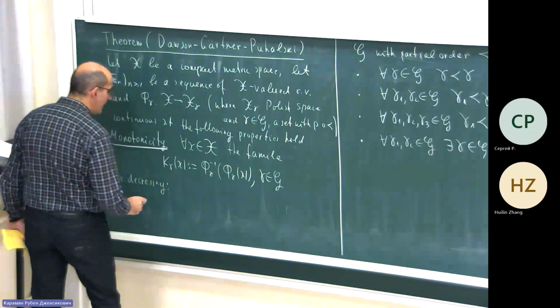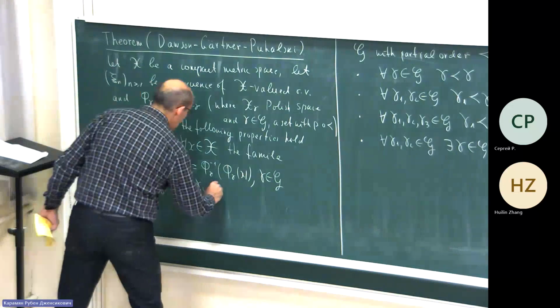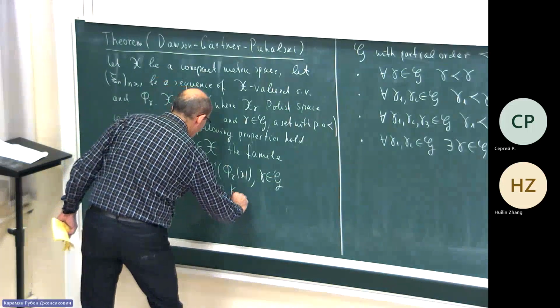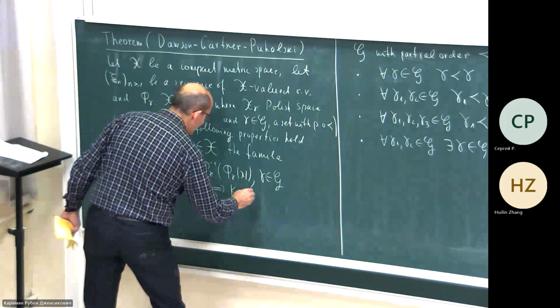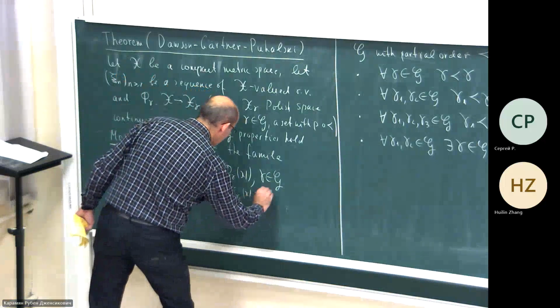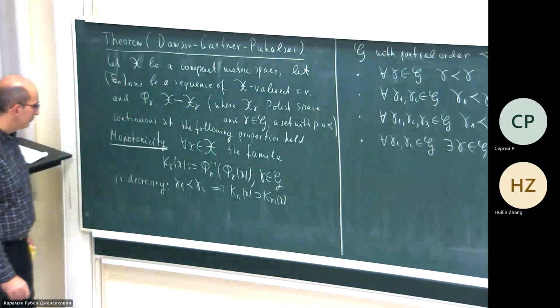What it means is that if gamma 1 is smaller than gamma 2, then K gamma 1 x is larger than K gamma 2 x.